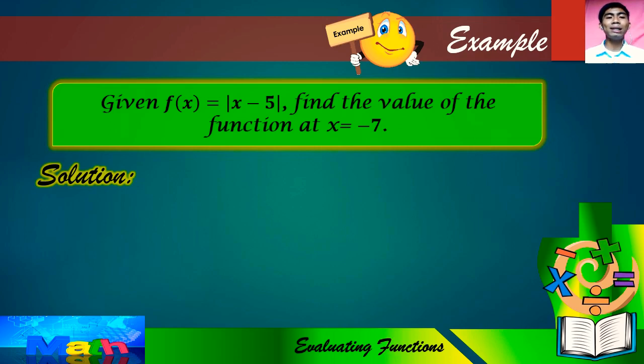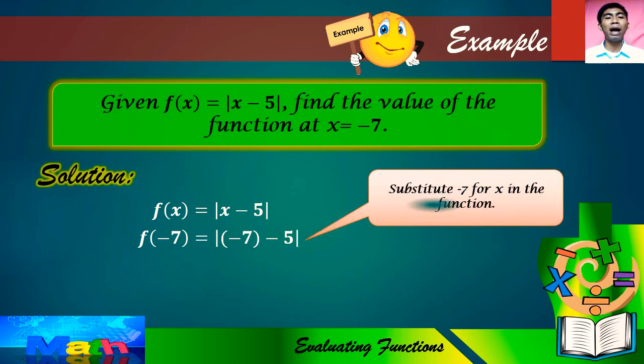Moving on to our last example, given the function f of x equals the absolute value of x minus 5, find the value of the function at x equals negative 7. We have the function f of x equals the absolute value of x minus 5. And to evaluate that, substitute negative 7 for x in the function.